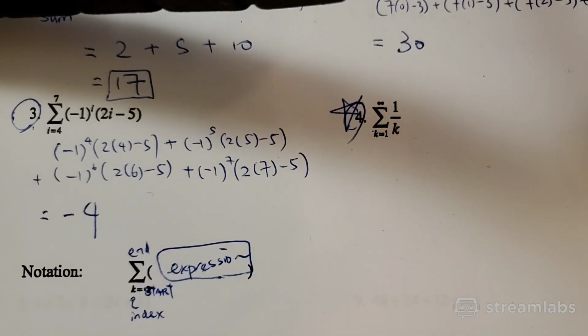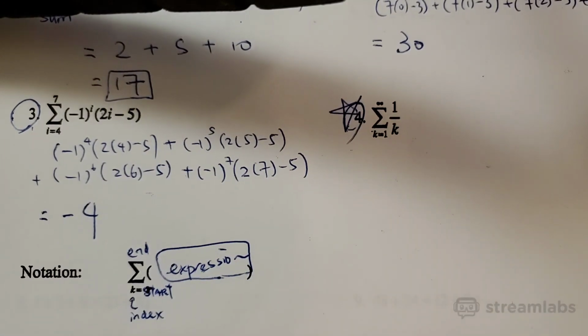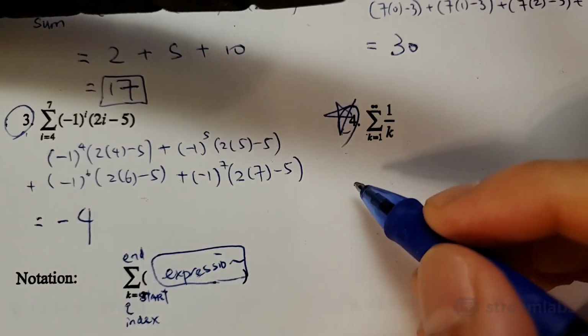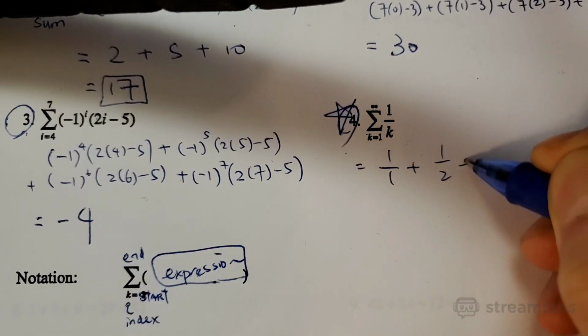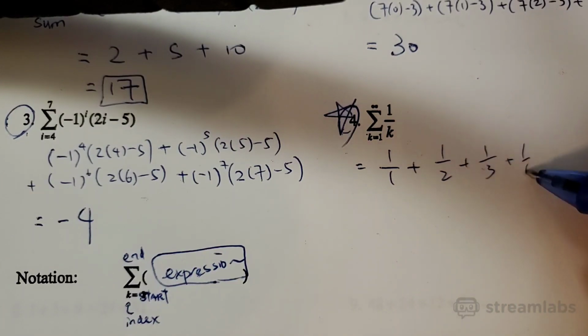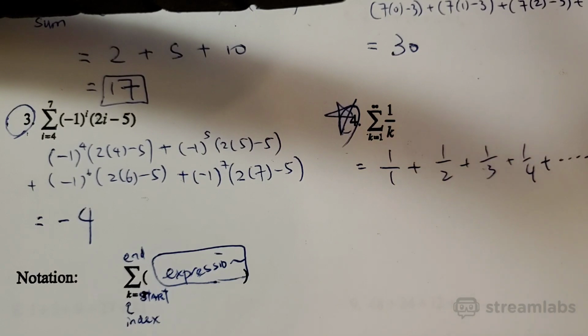So, shall we look at this? If you are pulling this out, it will get 1 over 1 plus 1 over 2 plus 1 over 3 plus 1 over 4 plus all the way to 1 over a big number, right? But you don't want to put infinity here. Okay, I'll put n and you keep going, right?